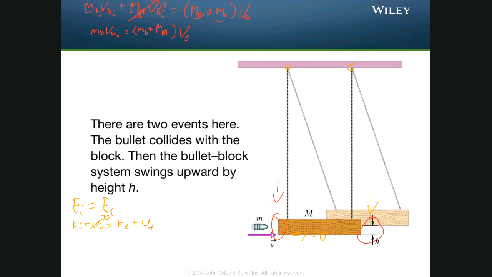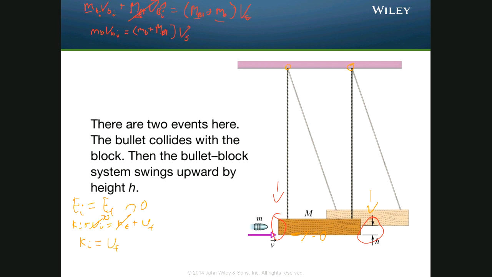So we'll have Ki, and then once we get to the top, this is the maximum height, so that converts all that kinetic energy to potential energy, so K final will be equal to 0. And then we'll have this equal to U final.